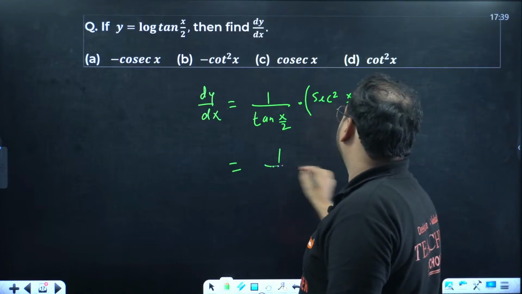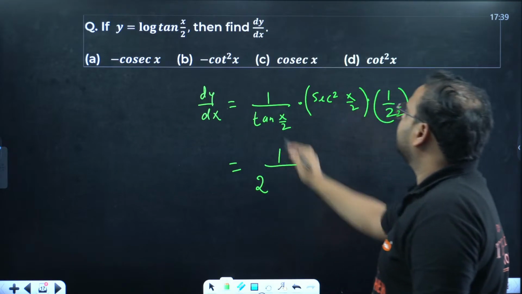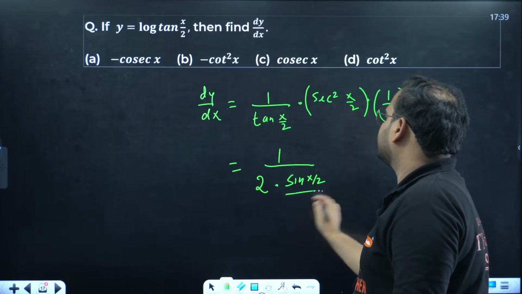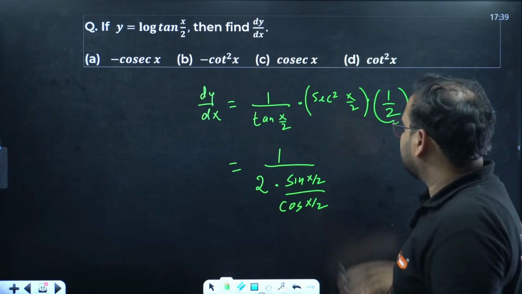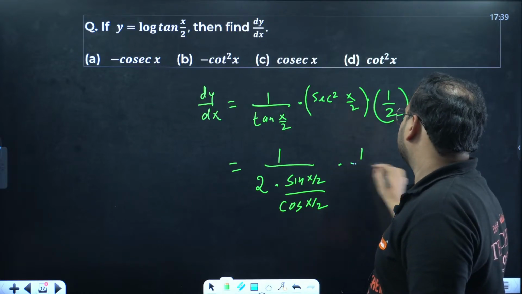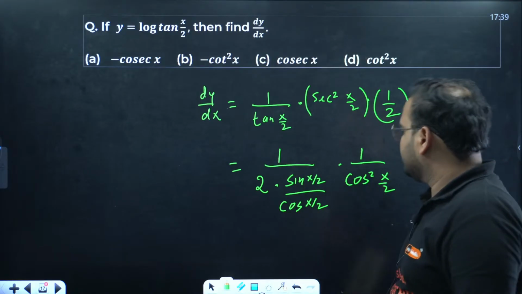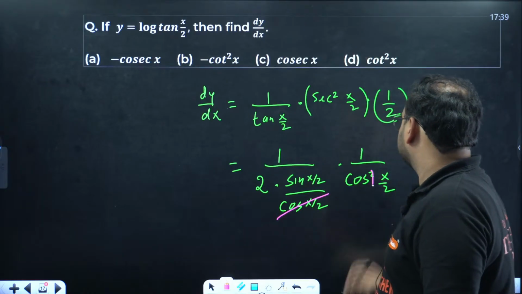So let's write together. This 2 is in the denominator only, so write 2 over here. Tan is nothing but sine x by 2 upon cos x by 2. This value over here, sec square, becomes 1 over cos square x by 2. Check. This cancels, right?